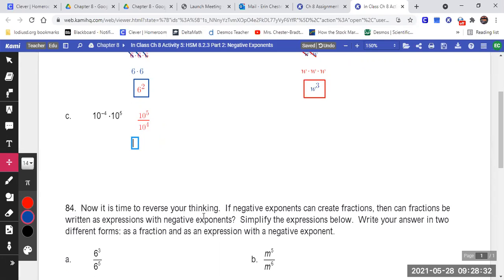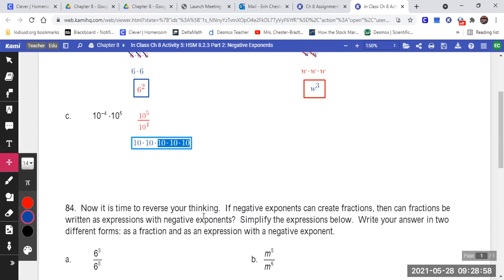Okay, let's spread this out. What would this be? 5 10s in a row. 10 times 10 times 10 times 10 times 10.